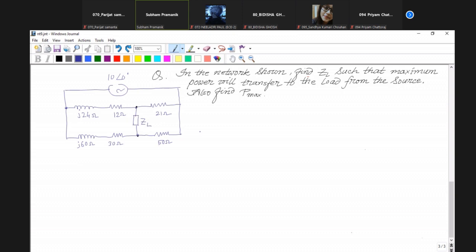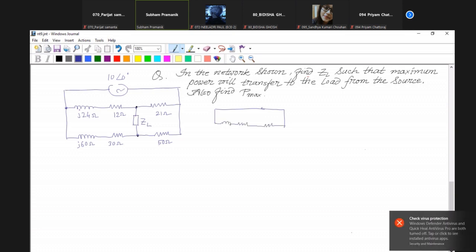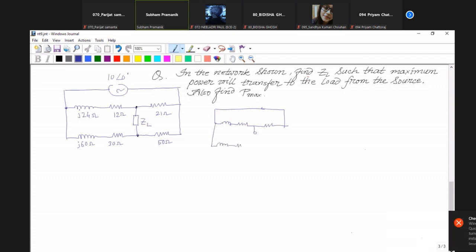We have this. Inductor, resistor, inductor, resistor, another resistor. So can you see that these 2 points are connected?